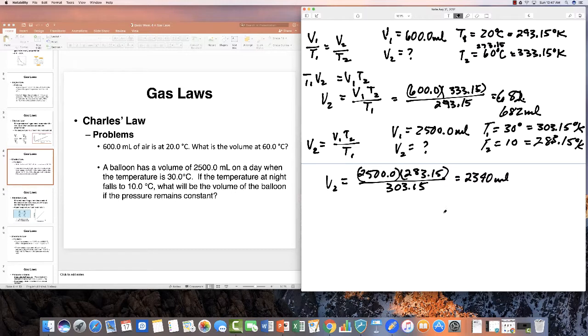The actual answer on the calculator is 2335.065, but rounding to three significant figures, that's the answer you get, because the temperatures are in three significant figures. I know when I added the conversion, I got five significant figures, but you can't use the conversion's significant figures. You have to use the measurements' significant figures. And if you don't understand that, we'll talk about that in class.